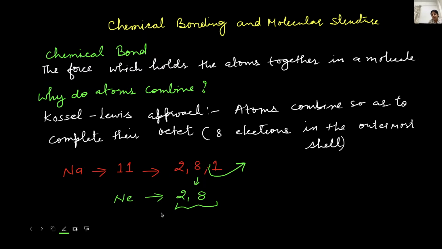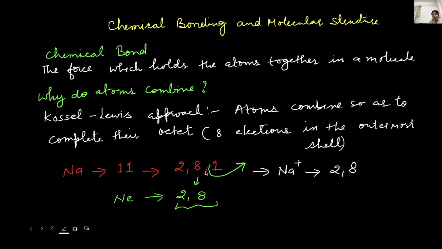By losing one electron it attains one positive charge, so the electronic configuration becomes 2, 8. Are you able to understand, students? So what does this mean?